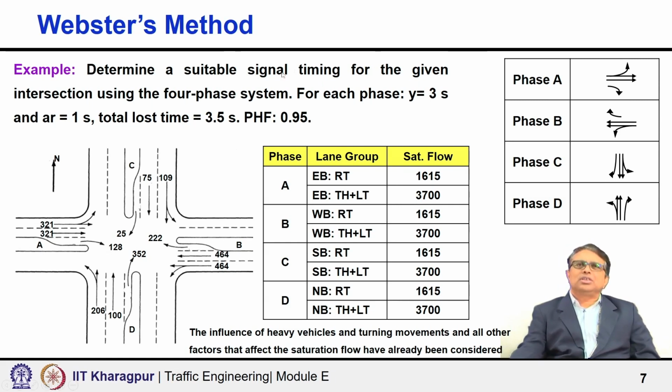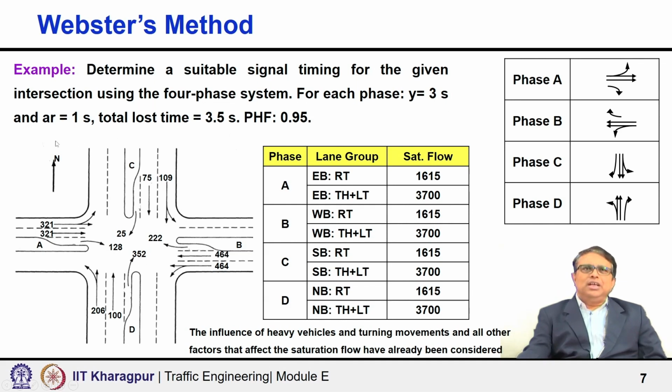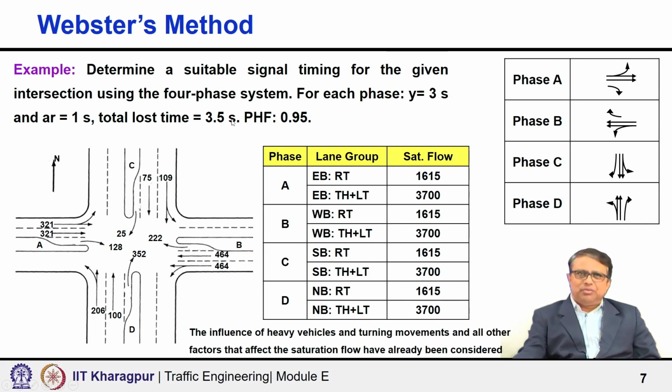Determine a suitable signal timing for the given intersection using the 4 phase system, where for each phase yellow equals 3 seconds, small AR, that means each phase-wise all red, is 1 second, total lost time is 3.57 and peak hour factor is 0.95. Now, this is a 4 phase system, that is what is assumed here.